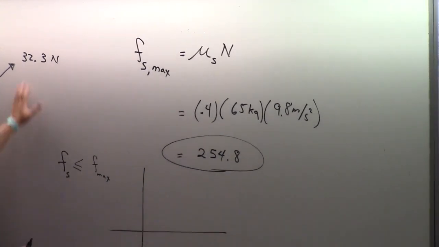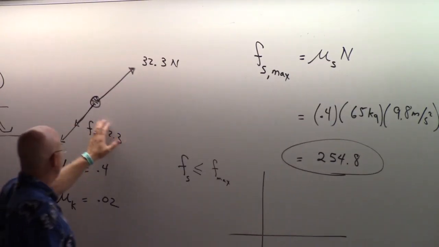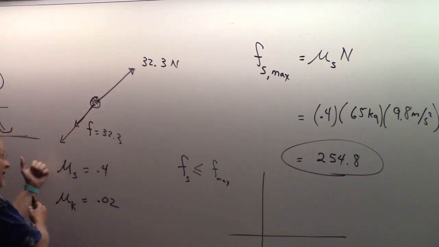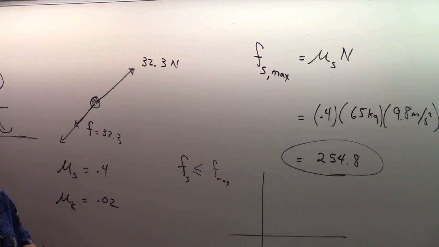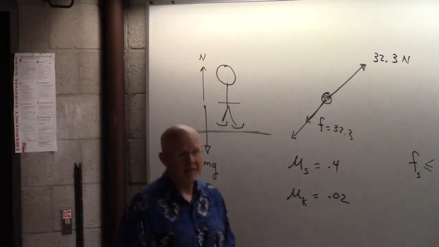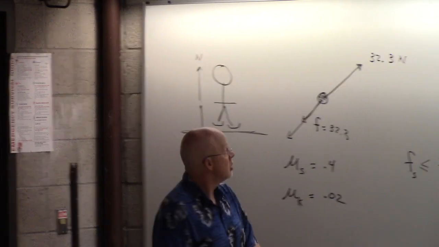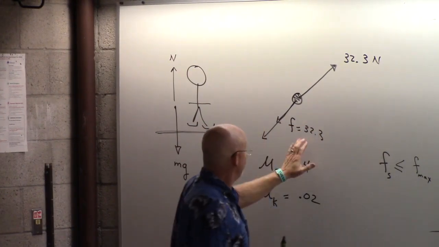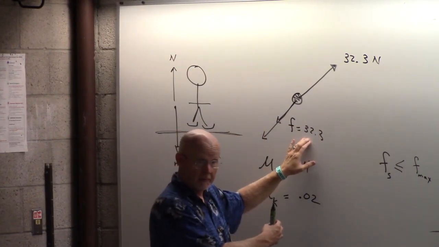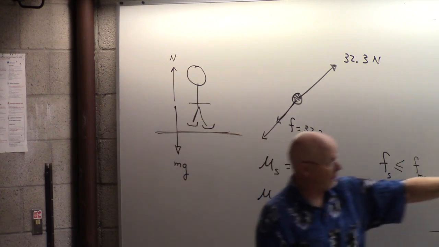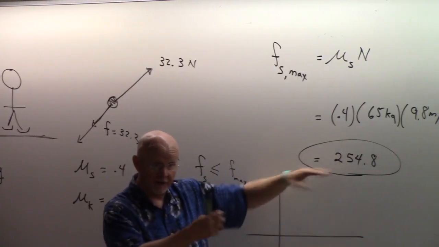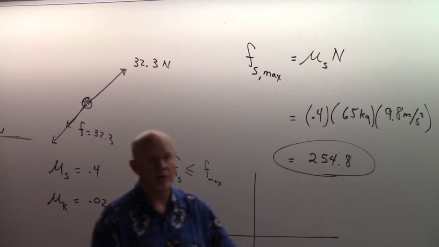So her friends push her at 32, but then the friction pulls her back at 32, and the friends are just going like this. They've got a little pressure on her, but she's not moving. And if they push a little harder so that they're pushing at 100, the friction will increase to 100. Eventually, though, the friends will probably push her more than 250, and she'll start to move.